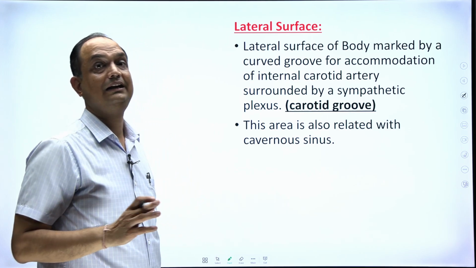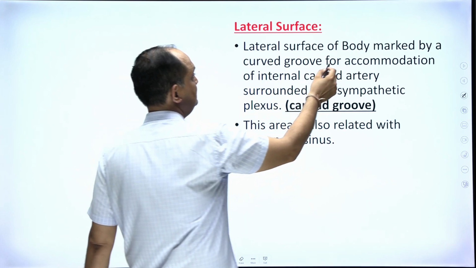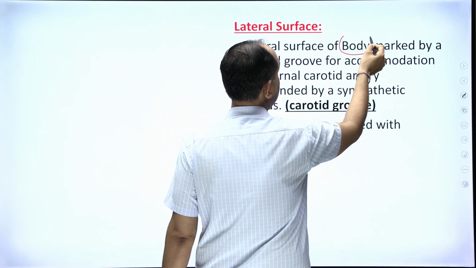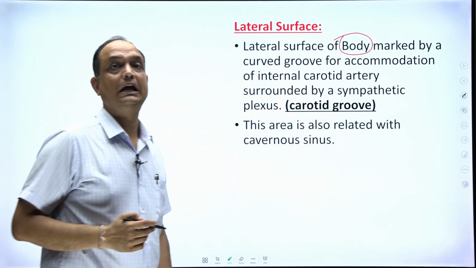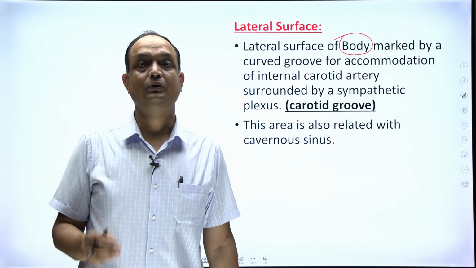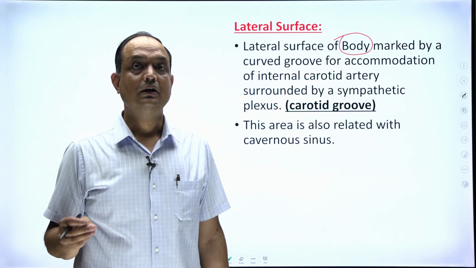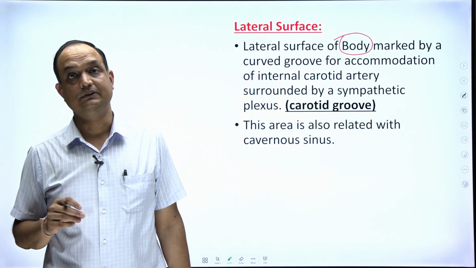When you see the lateral surface of the sphenoid, inside the cranial cavity the body is marked by the carotid grooves. These grooves accommodate the curvature of your internal carotid artery, known as the carotid siphon.